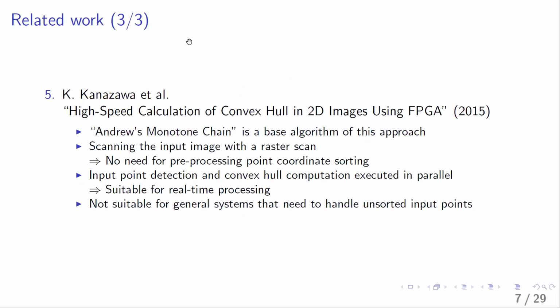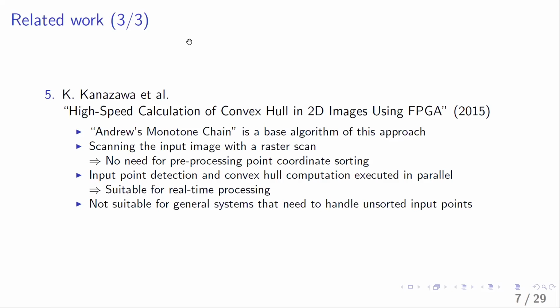However, this approach eliminated the need for the sort processing by detecting the point set coordinates while scanning the input image with a raster scan. In this work, point detection and convex hull computation are executed in parallel. Thus, it is more suitable for real-time processing than the previous GPU implementations. However, it cannot be applied to general systems where the input points are not pre-sorted.